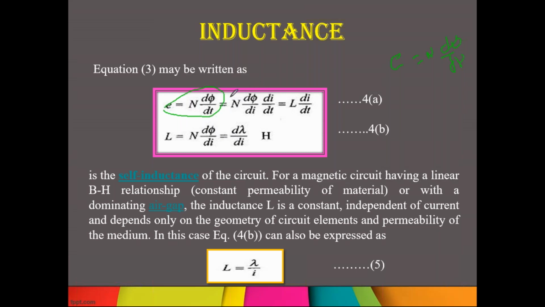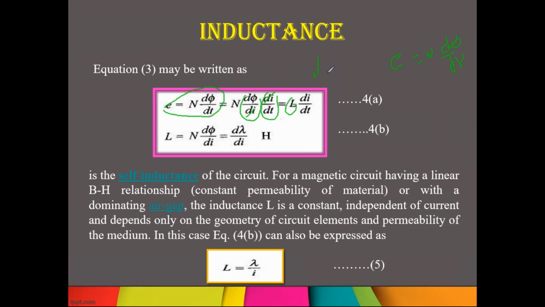In this equation we can write d phi by dt as d phi by di into di by dt. So if the di terms cancel, you get the same, right? Now in that condition I can write N into d phi by di is equal to L. So L is equal to N into d phi by di.